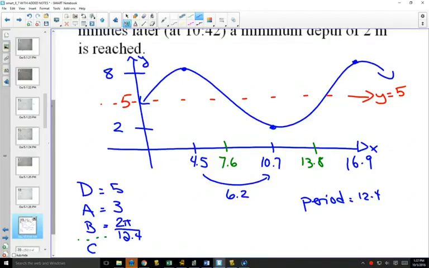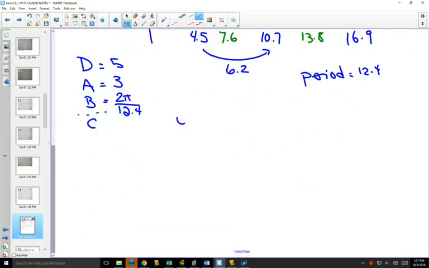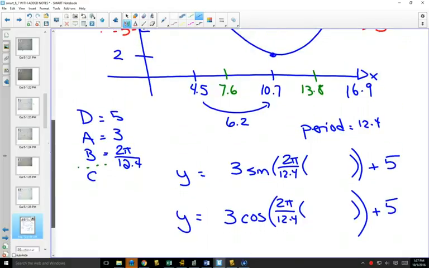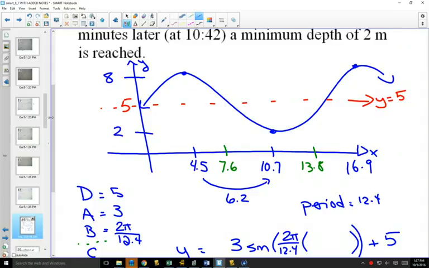So now that we've got the DAB part, we can write out an equation for sine and cos. Our a value is 3. I'm going to leave space in case we decide. Our period is 2 pi over 12.4. Leave space here. And our d value plus 5. Where does sine start? In the center going up. So we have a couple of choices.